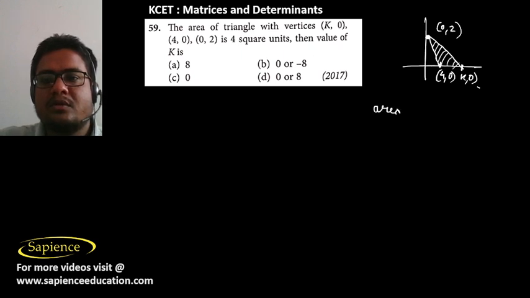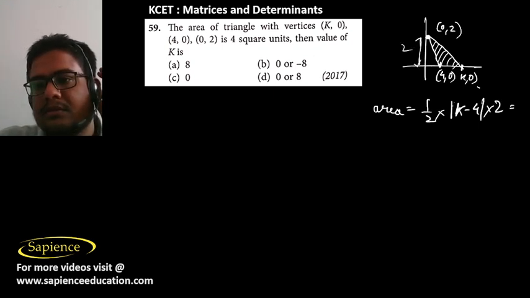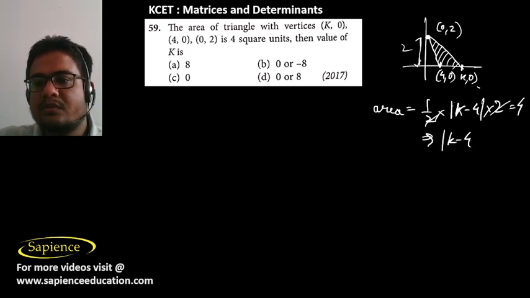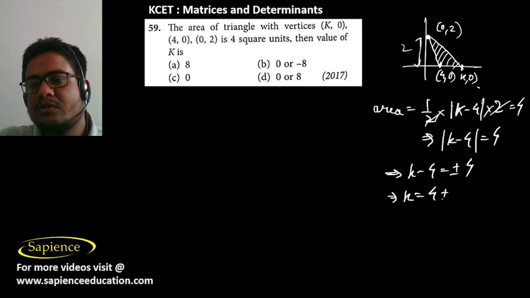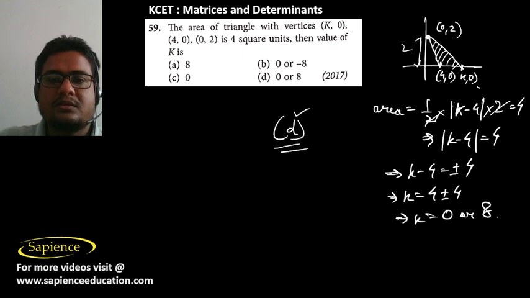The area will be equal to half base into height. Half base is equal to mod of k minus 4, into height. Height is equal to 2 units. So that is equal to 4 square units. So mod of k minus 4 is equal to 4, that is k minus 4 is equal to plus or minus 4. So k should be equal to 4 plus or minus 4, which means k can be equal to either 0 or 8. Option D is the correct answer.